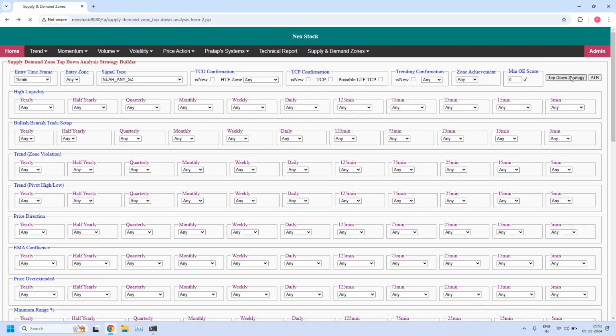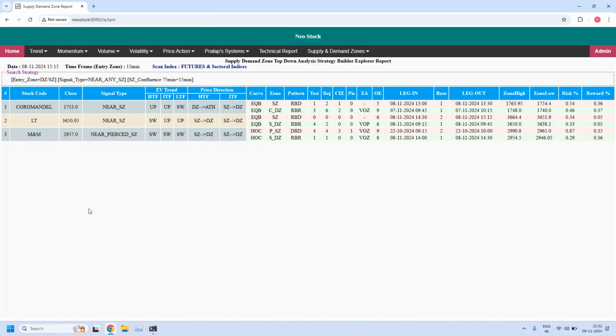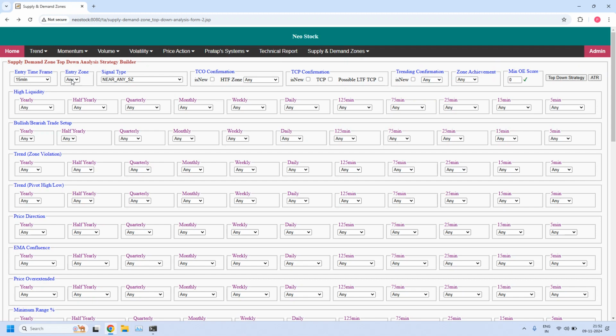The filter is enabled. We got 3 stocks, but it should be 15 minute supply zones.